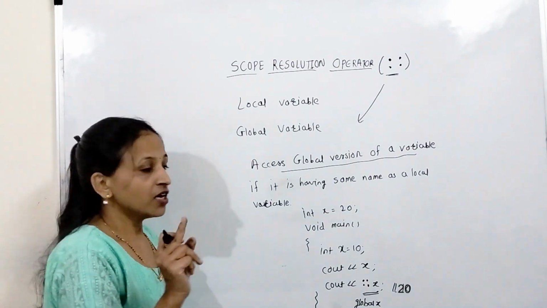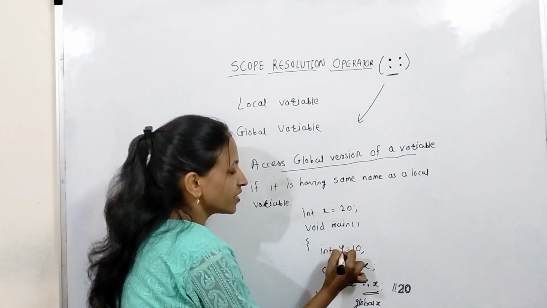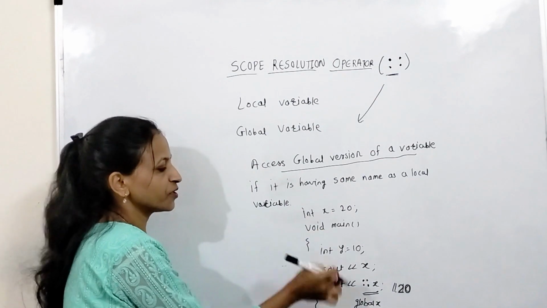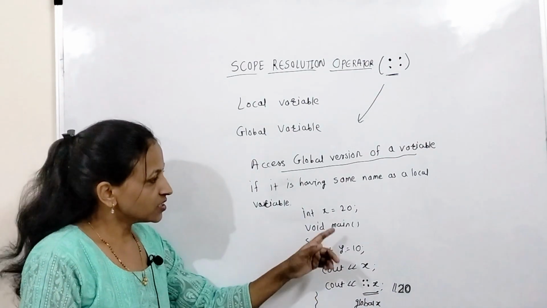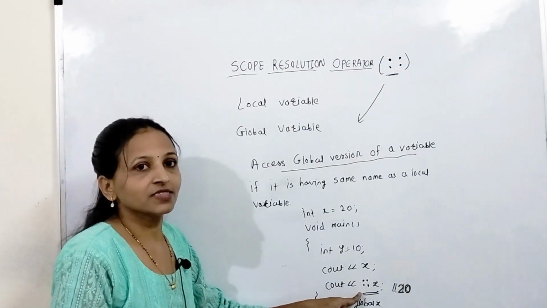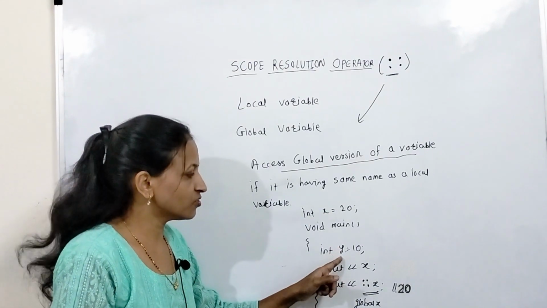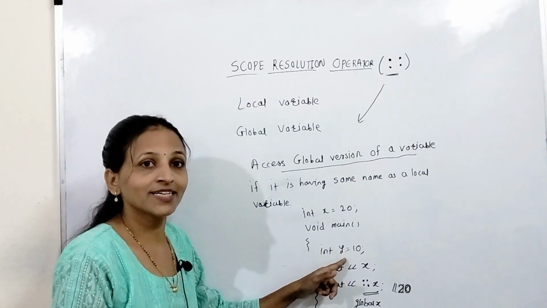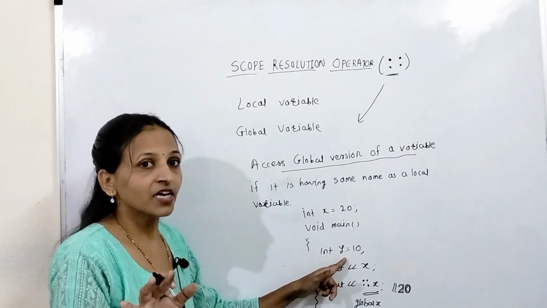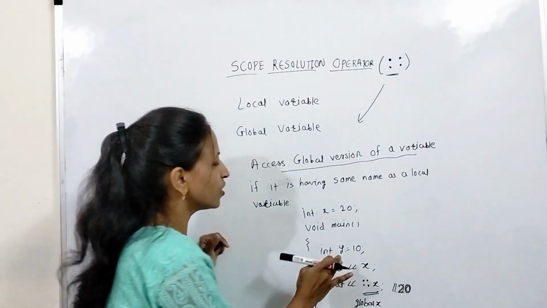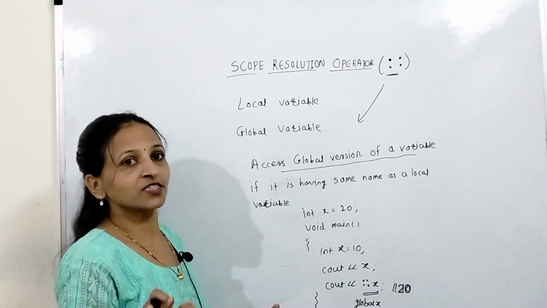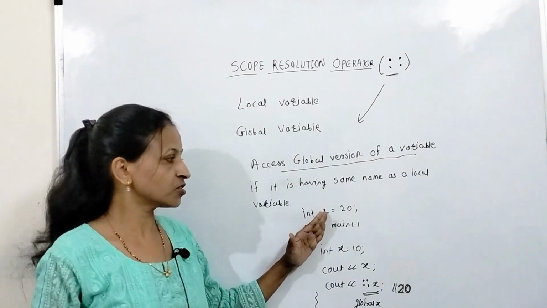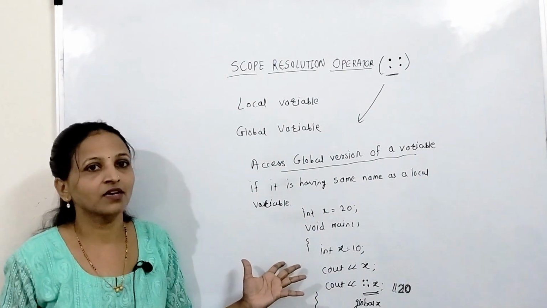But if there is any other variable y, then don't use scope resolution, because there is no meaning in using it; that variable is accessible here, since it is a local variable with a different name. Only if it has the same name do you have to consider the scope resolution operator.